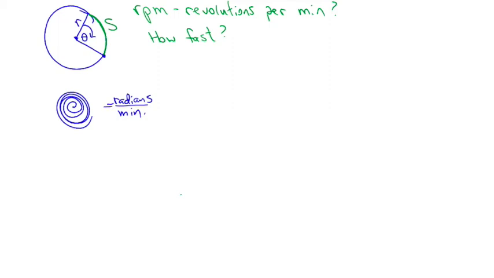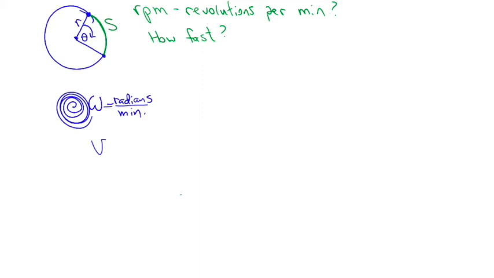We're going to call this thing omega. It looks like a W, but it's actually the Greek letter omega. It's rounded on the bottom. As this thing revolves around, S is going to be moving either faster or slower. So the point on the surface is going to have its own velocity, how fast it's moving along the wheel according to the distance. We're going to call that V for regular old velocity.